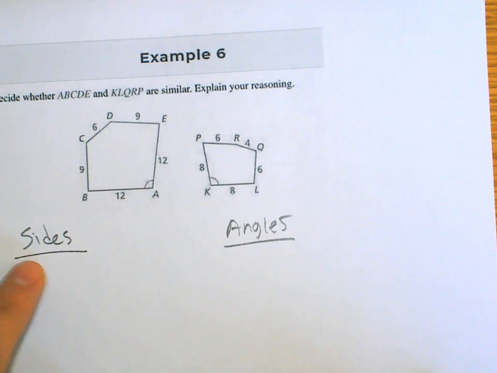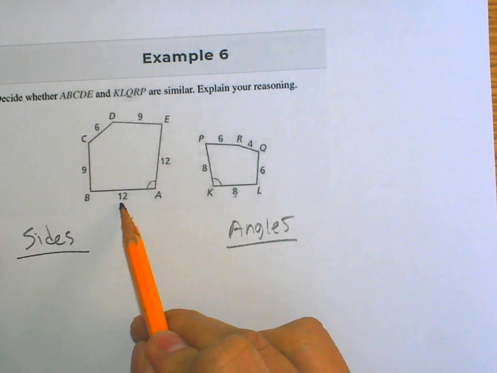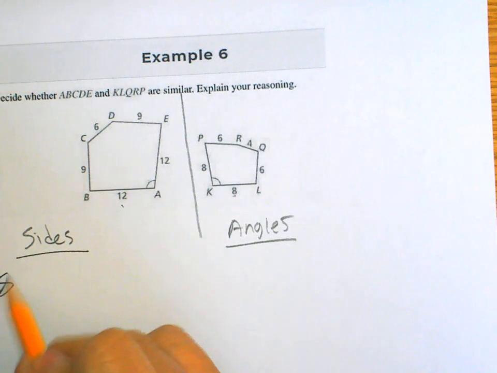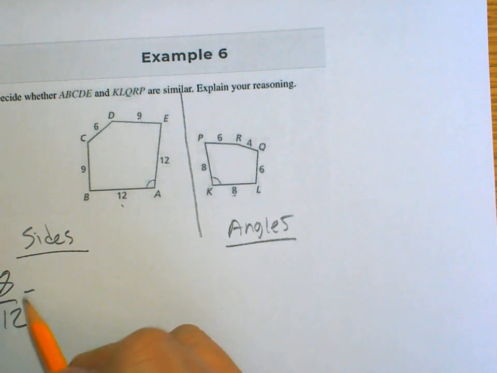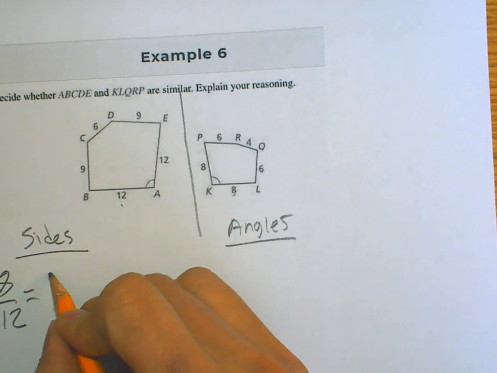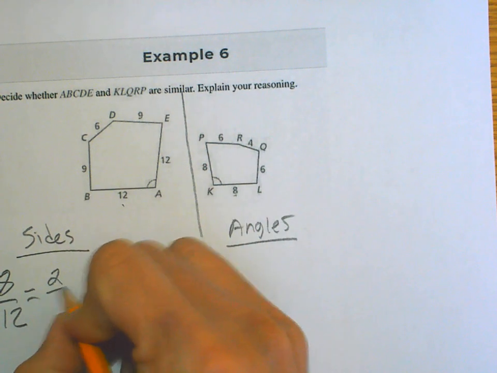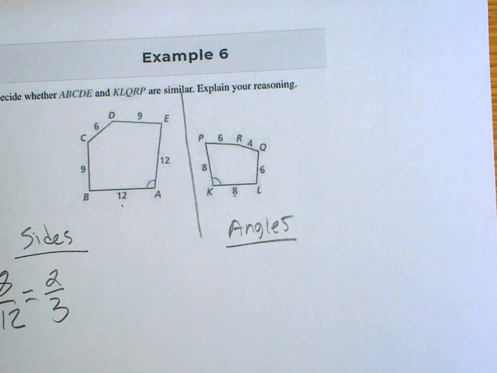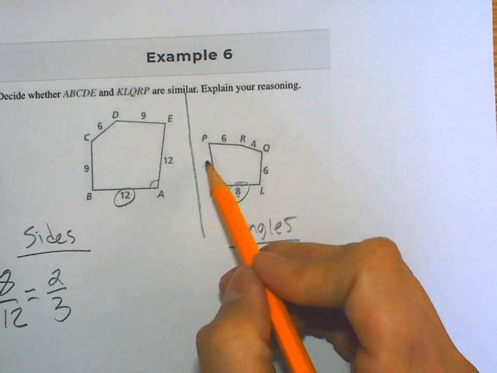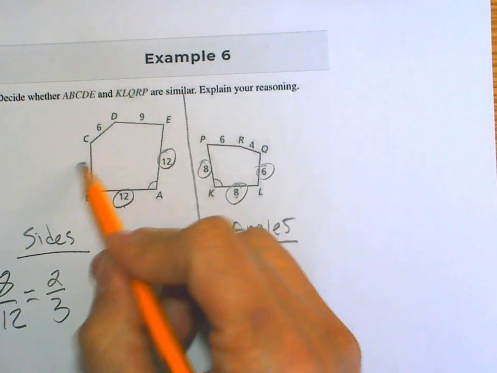So if we focus on the sides, let's look at one thing. You have 8 to 12, because there's like this little mirror image right there. So 8 to 12. Divide them by 4, and that should give you 2 over 3. That's this one to this one. Now, here you have 6 to 9.